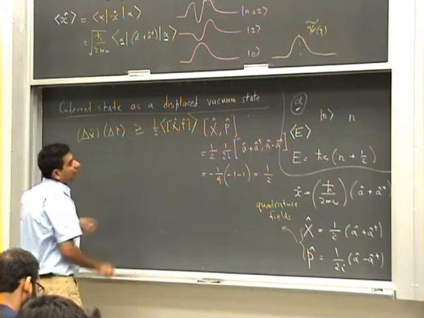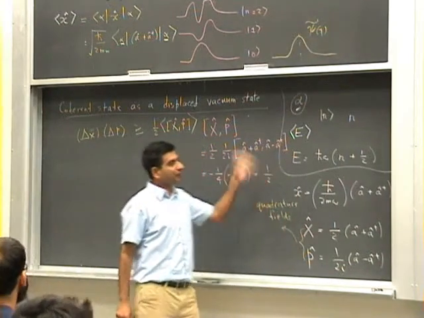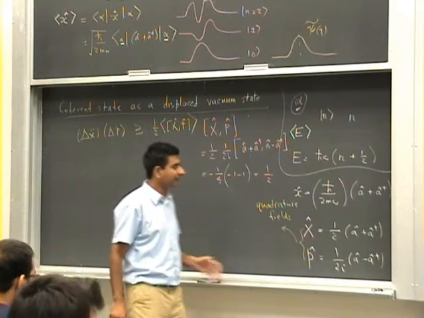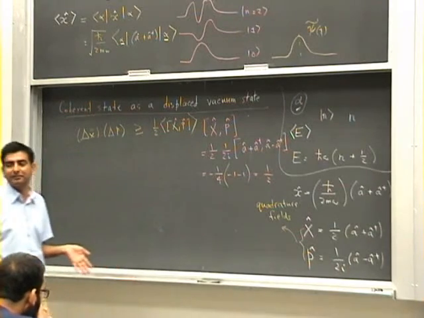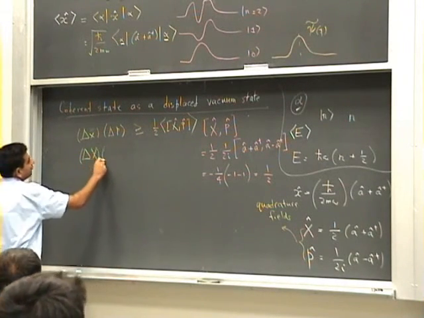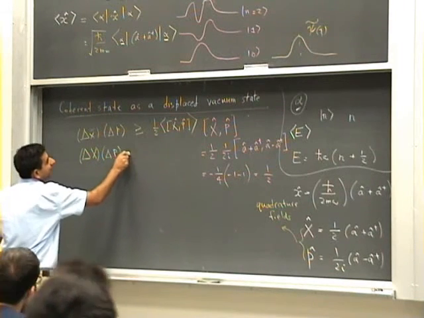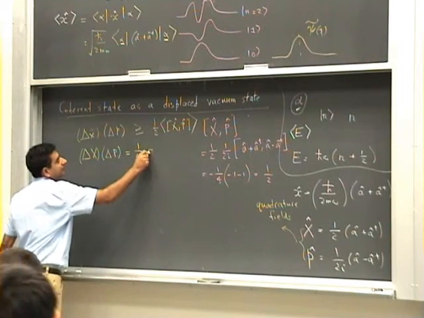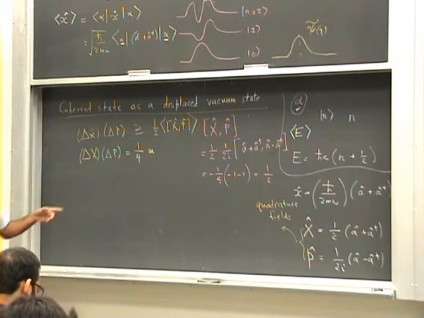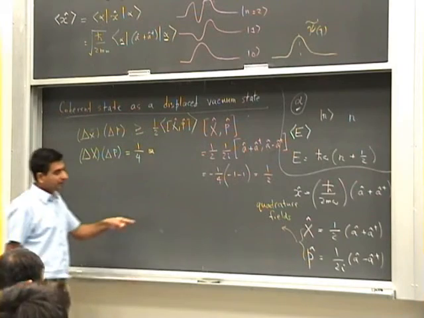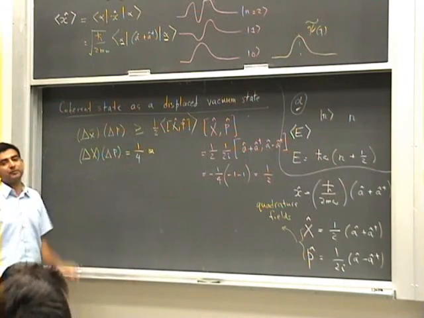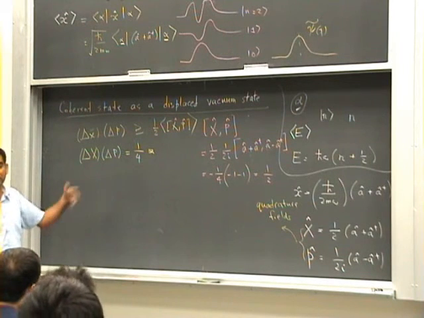So now, if the coherent state is a minimum uncertainty state, then delta x and delta p will also be at the minimum uncertainty. So delta X, capital X, I'm talking about the quadrature fields, equals 1/4. So this is another way of saying that it's a minimum uncertainty state. When we define new dimensionless variables, capital X and capital P, the uncertainty turns out to be 1/4, the product of the uncertainties.